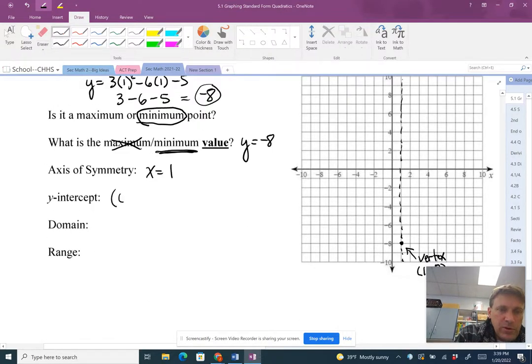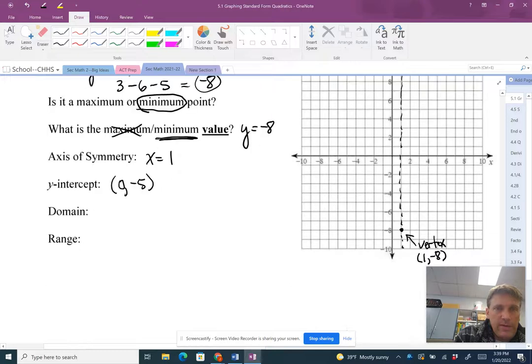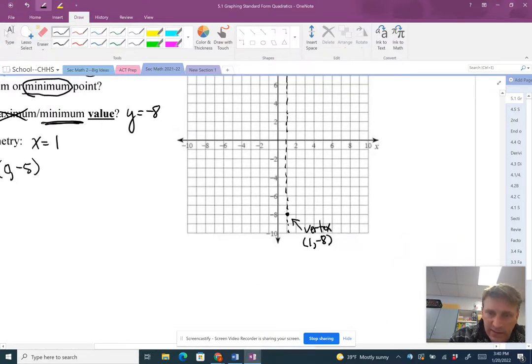So it's the point 0 in x, negative 5 in y. So we go over here to negative 5, and that would be our point 0 comma negative 5. Because of the axis of symmetry, we can go over one point to the right here and say that's another point there we have.